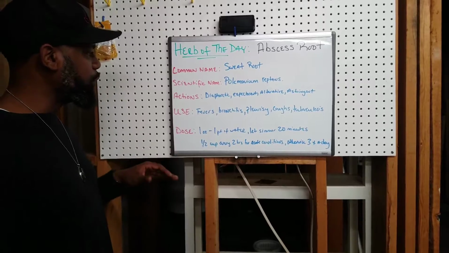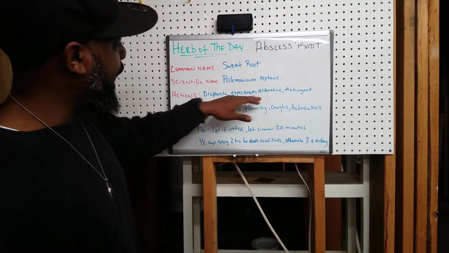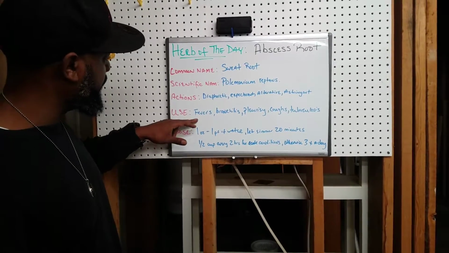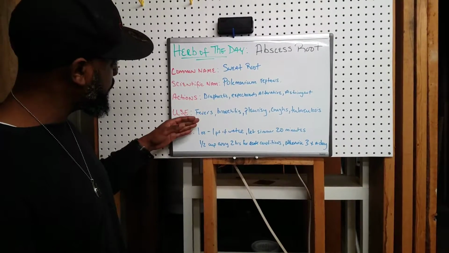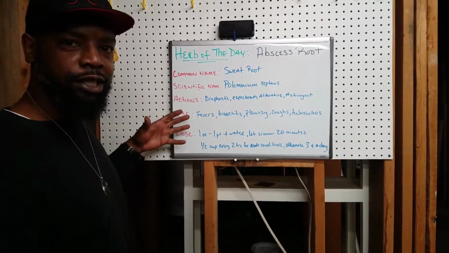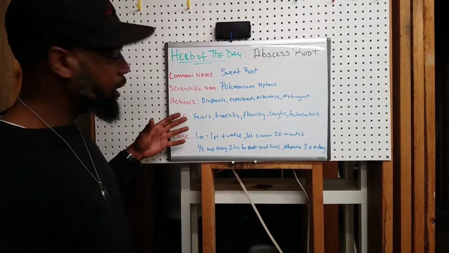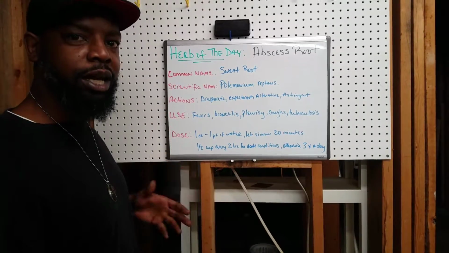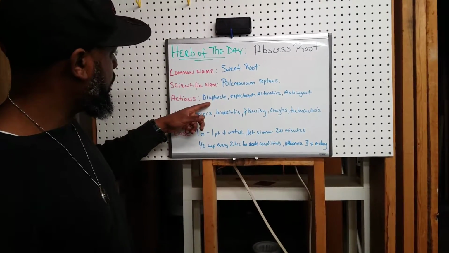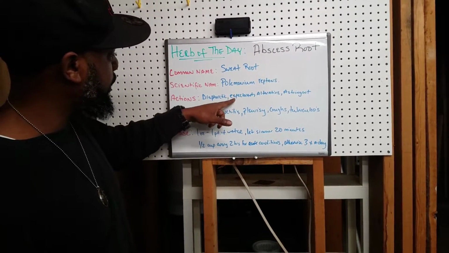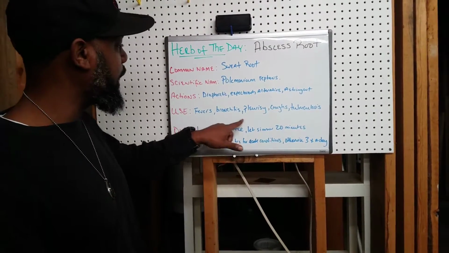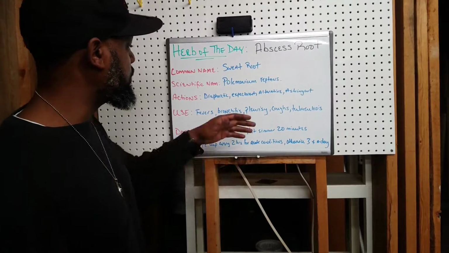Now, what is it used for? Based on some of the actions, now you know what you can use it for. For a fever, I can tell why it's a diaphoretic, to induce sweating and try to get your temperature up there, because we know that high temperatures will allow your immune system to fight off germs at a better rate, right? It being an expectorant, we know that's good for any kind of lung issues like bronchitis, coughs, and tuberculosis.